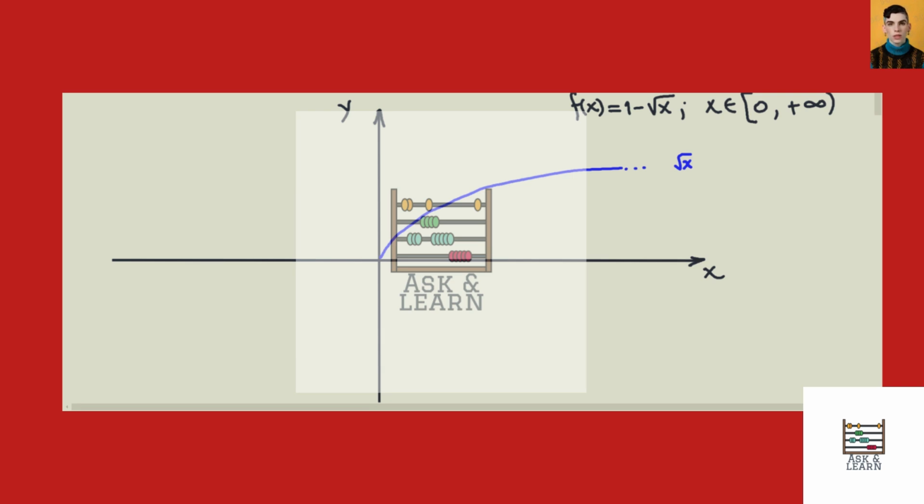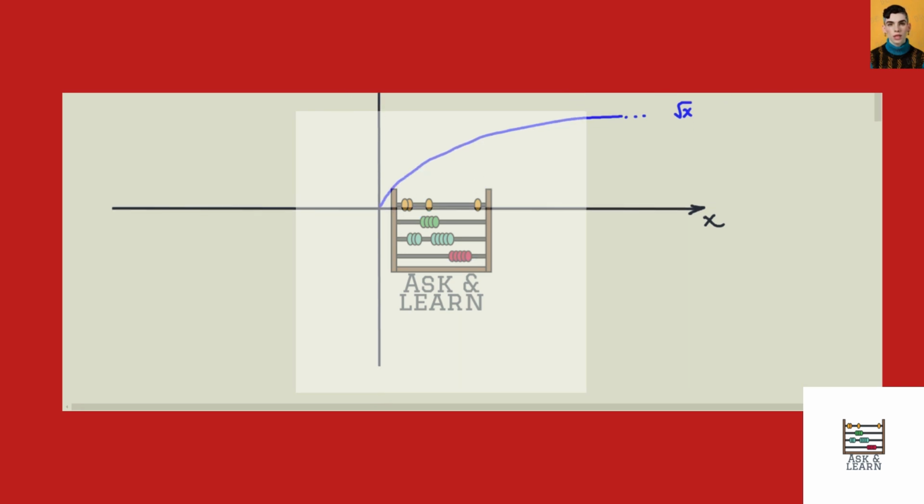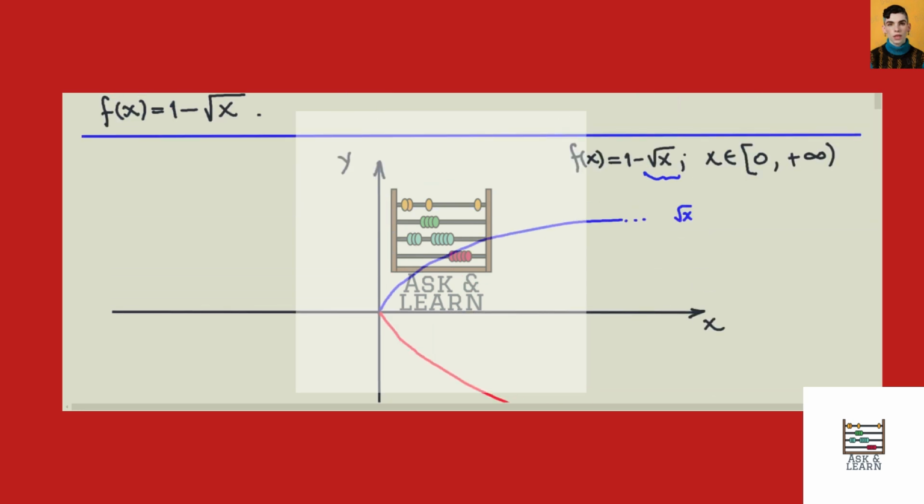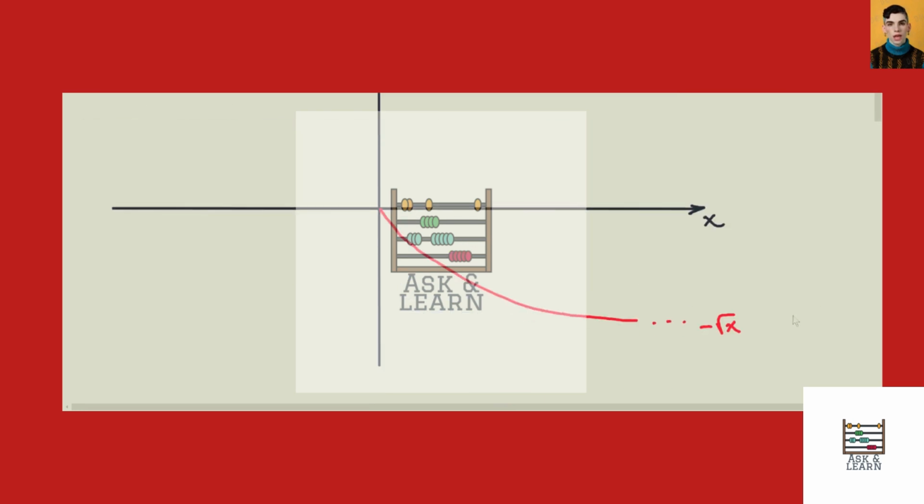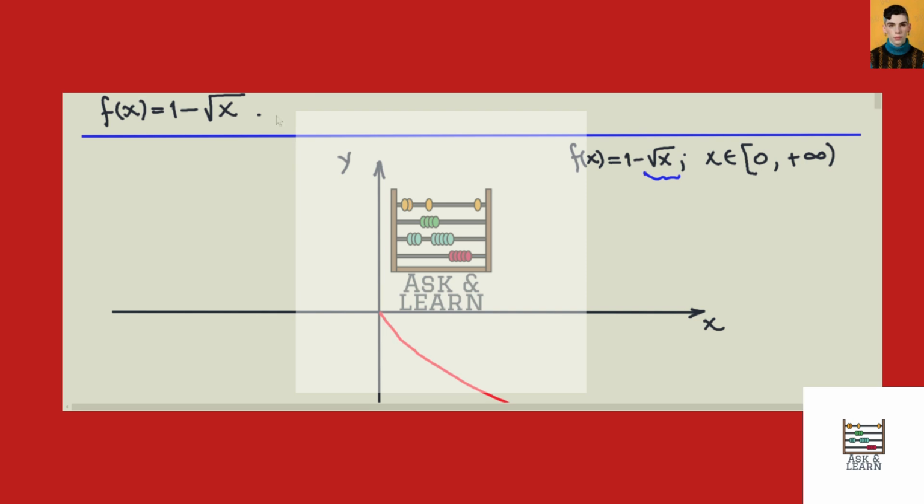So now we have the square root, and now we got to change the sign of that. That is negative square root of x, and that means a reflection with respect to the x-axis. So we get this, more or less. So this is negative square root of x now. And we can get rid of this for the moment. Then we add 1 to get f finally.